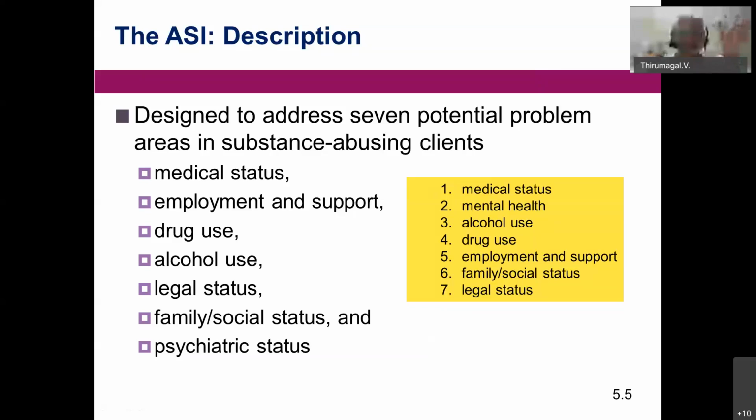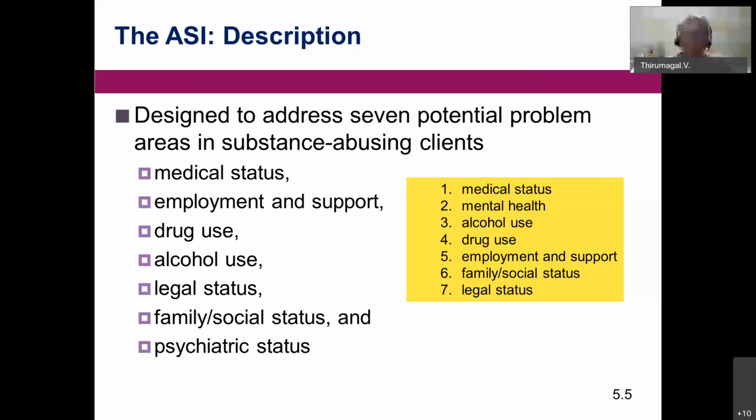Who are all the people who are giving financial support? The 6th one is related to my family, friends, etc. My family and my social relationships. The last one is legal. That's how I remember. So ASI generally covers 7 areas in a person's life. It's good for you to keep all the 7 in your mind so that the interview will flow easily.